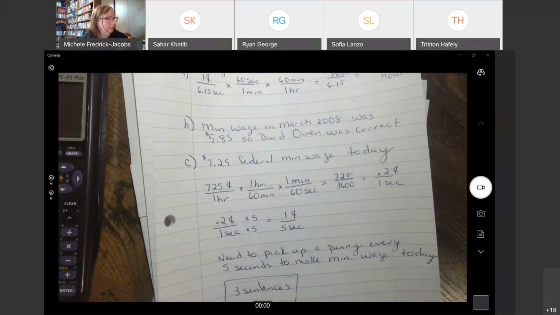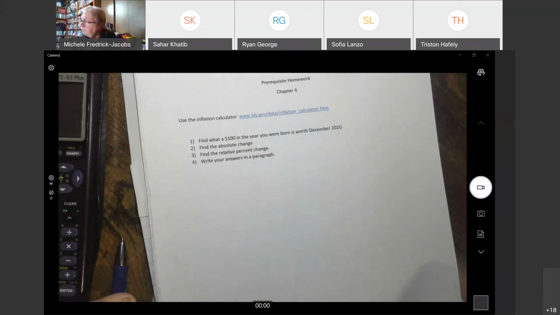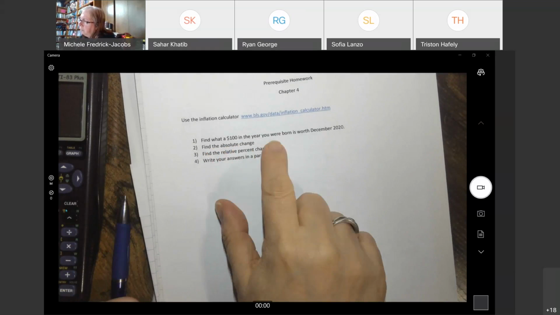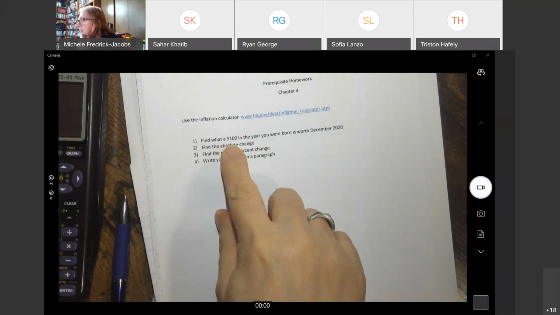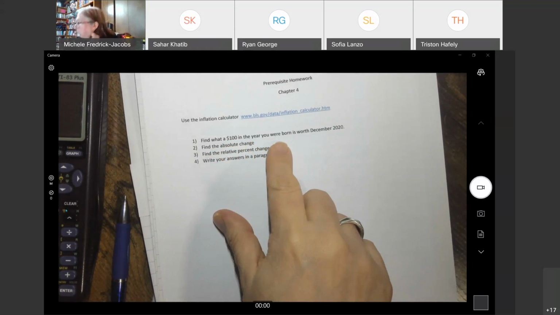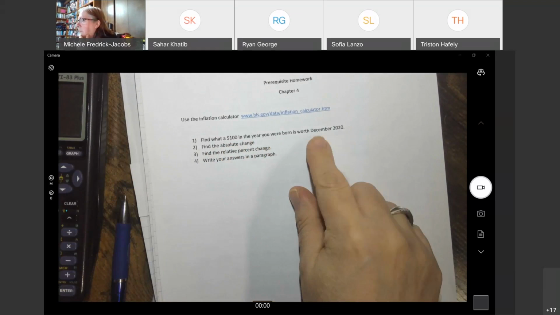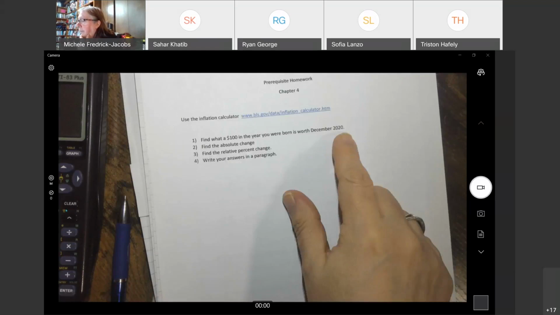Any questions on that? Any other questions on any of the homework or the co-rec? I think the co-rec was just, there it is. Yeah, it's just finding $100 from the year you were born. So use the month and year you were born, and then December 2020, and find what that would be.